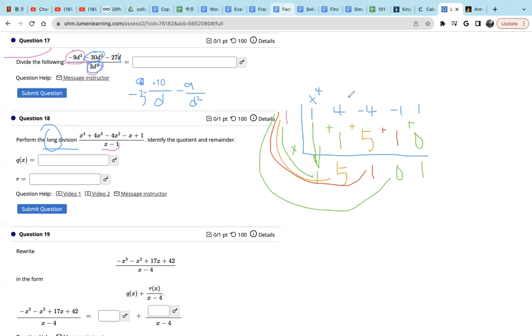So how do I decode what I have? So this 1 represents x cubed, 1x cubed. This 5 represents, because it's positive, plus 5x squared.